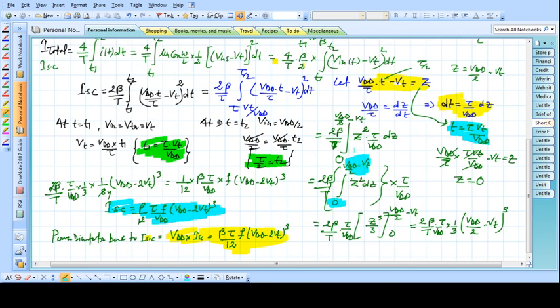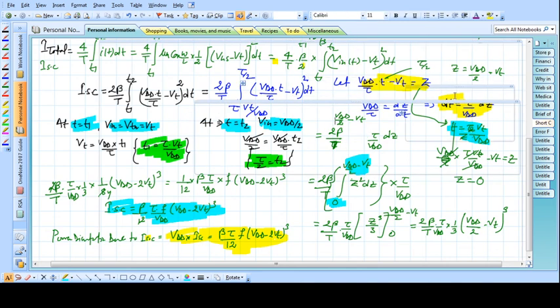Very simple integration procedure, and these are the key points: at t equals t1 the input voltage should be the threshold, and at t equals t2 the input voltage is just VDD by 2. So this is all about the derivation of short circuit power dissipation.